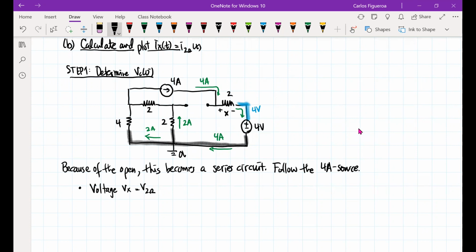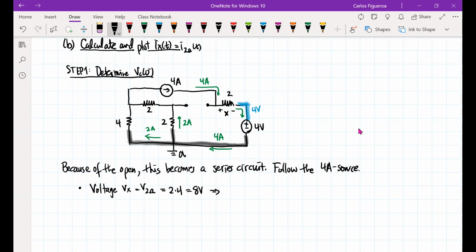I know the polarity because of the direction of the current, and this immediately tells me that this node right here should be 2 times 4 according to Ohm's law. So right away, I know that's 8 volts.